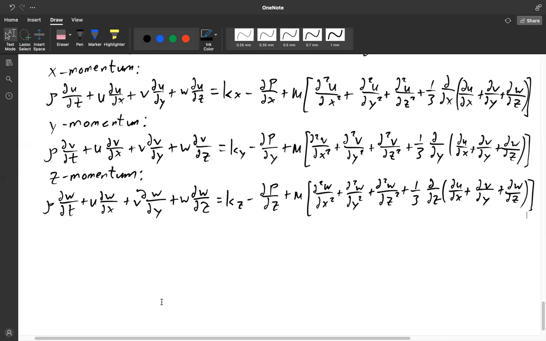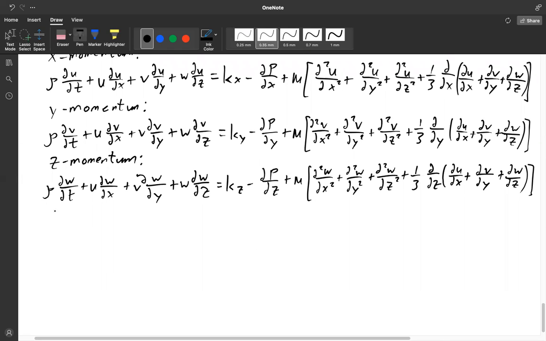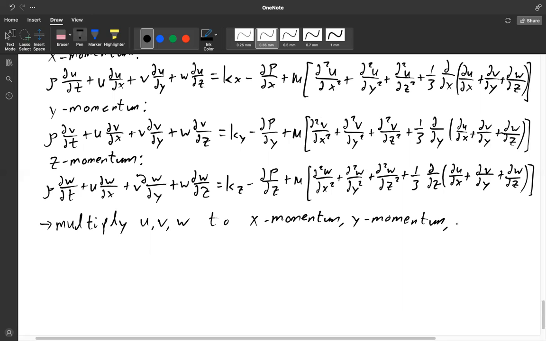And to simplify, first we will be using the X, Y, and Z momentum equations. We're going to multiply U, V, W to X momentum, Y momentum, and Z momentum, respectively.